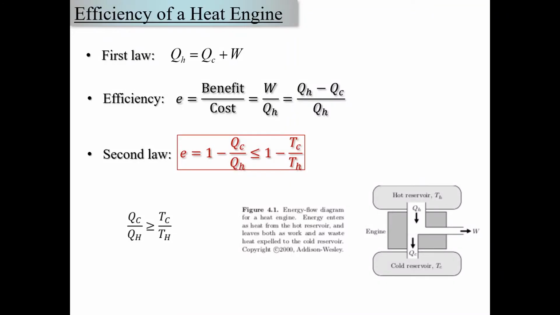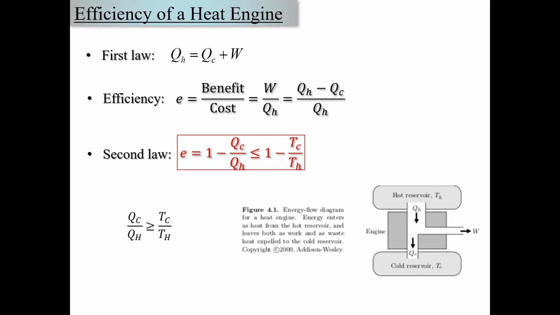Now with our new relationship between QC, QH, TC, and TH, our ratio of temperatures and heats, we can replace our efficiency with 1 minus TC over TH, and replace the equal sign in the efficiency equation with an inequality, less than or equal to.